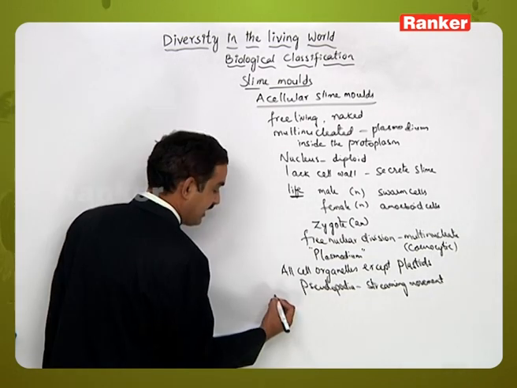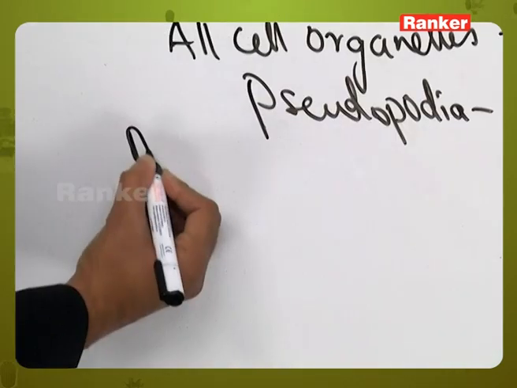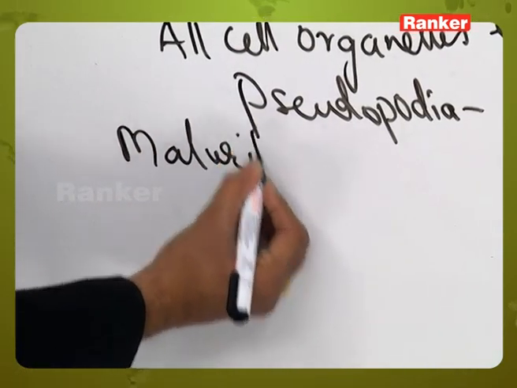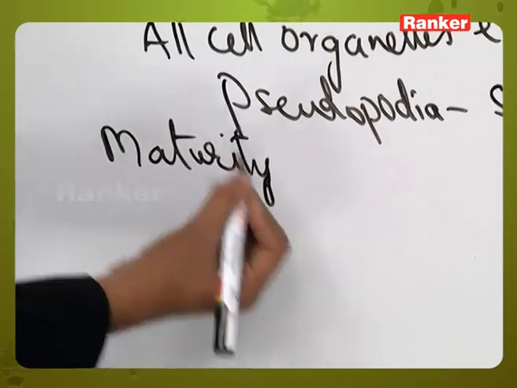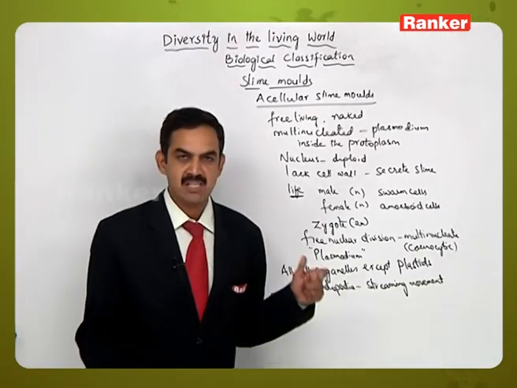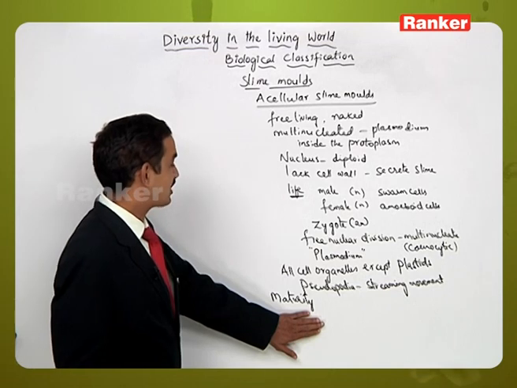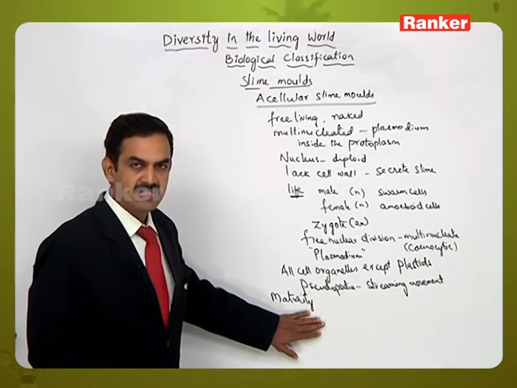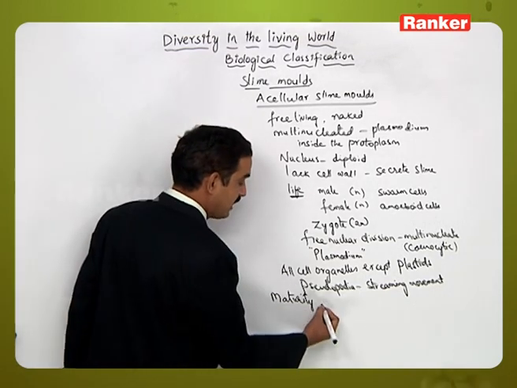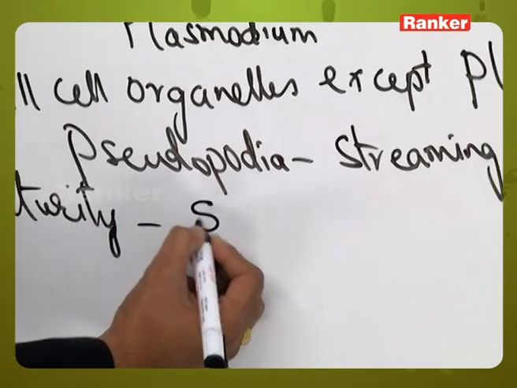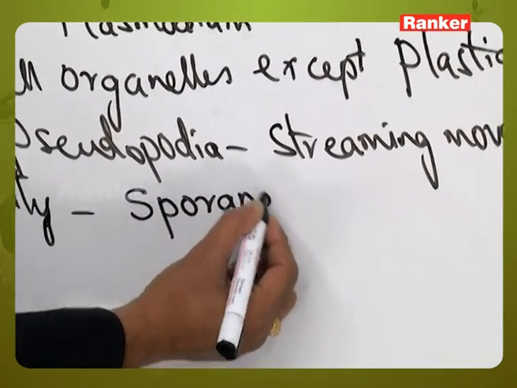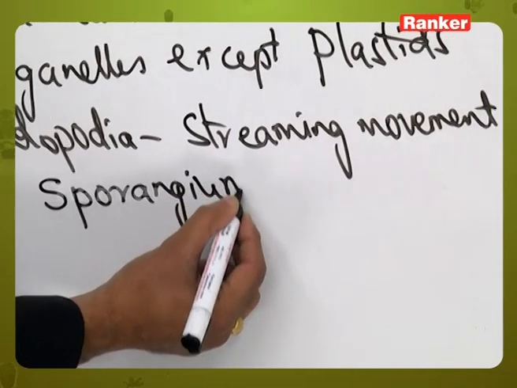Then at the end of maturity, or when the food materials are exhausted, the plasmodium or slime mold will enter the maturity stage. At the end of the maturity stage, these structures will produce sporangia, or a sporangium will be produced.